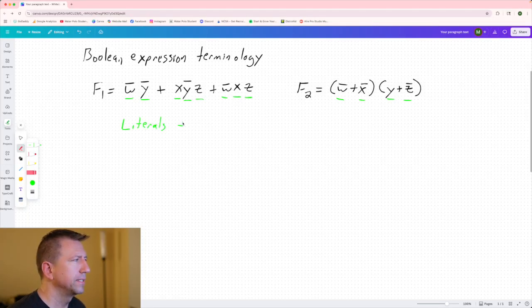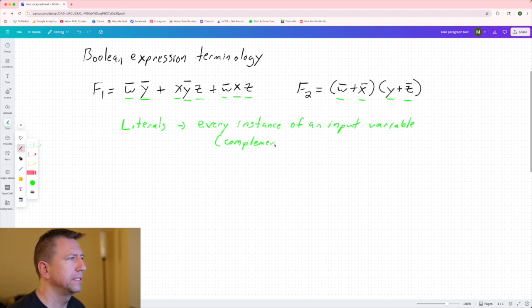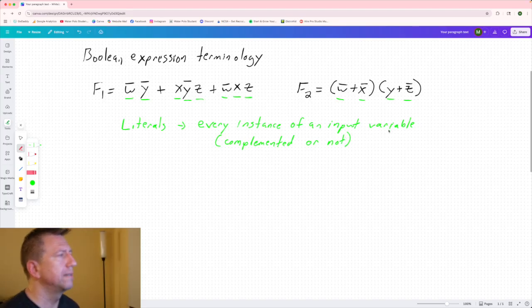We can define them as every instance of an input variable, and it may be complemented. That means barred or knotted or not.